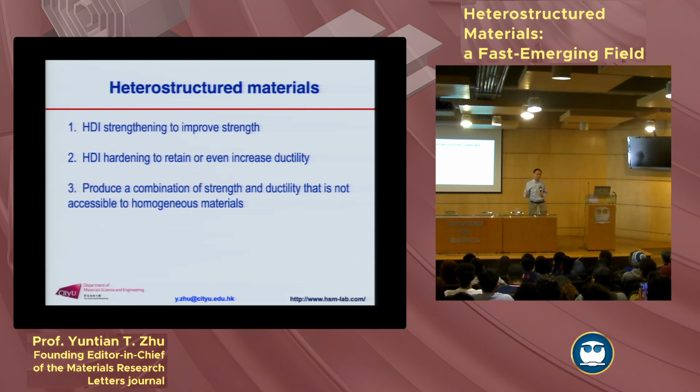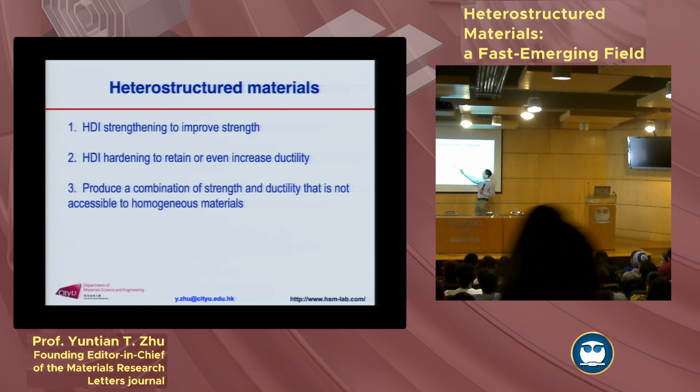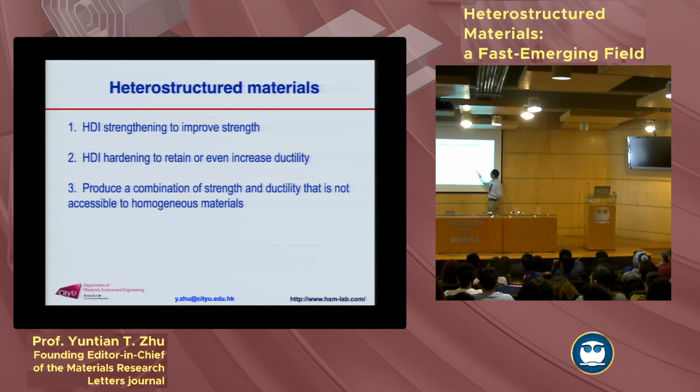It's not okay anymore. So heterostructured materials, let me summarize. I got into a lot of this dislocation theory. I'm sorry for that. It's very boring. Let me summarize this. I'll give you more interesting results later. You use HDI strengthening to improve yield strength. You use HDI work hardening to retain or even increase ductility.